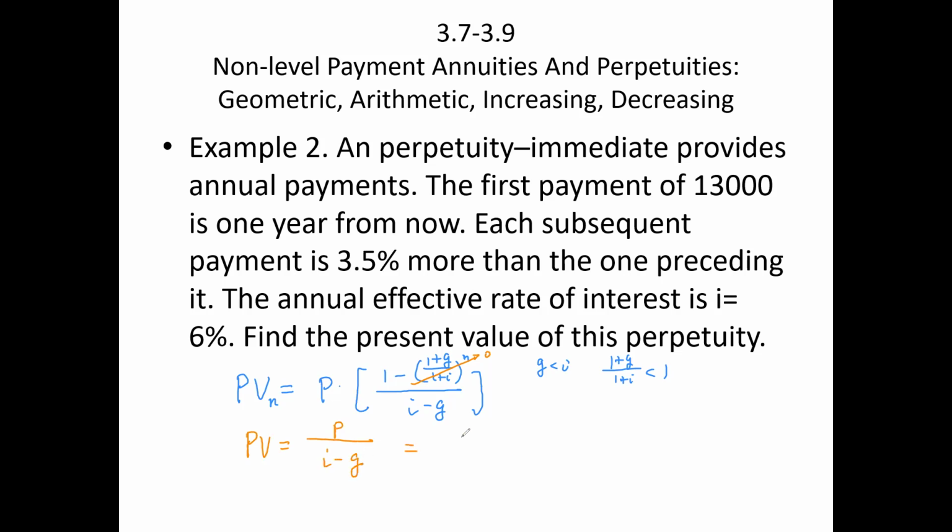Here we have 13,000 over (0.06 minus 0.035), and we get $52,000. Yeah, that's this problem.